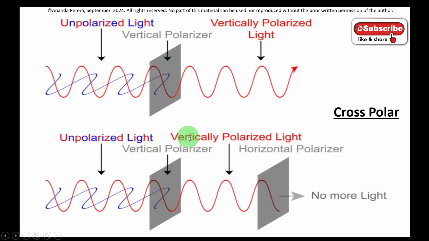Then if we use another card here, a horizontal polarizer card, this light is also filtered. It will stop. The second picture shows us that the vertical polarizer breaks the vertical blue color vibrations in the light, and the horizontal polarizer stops the other light.